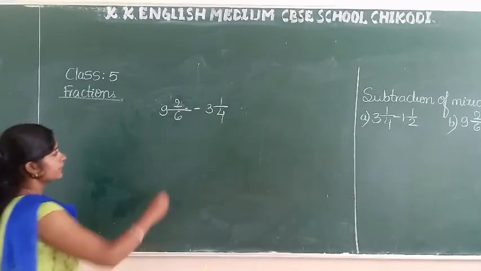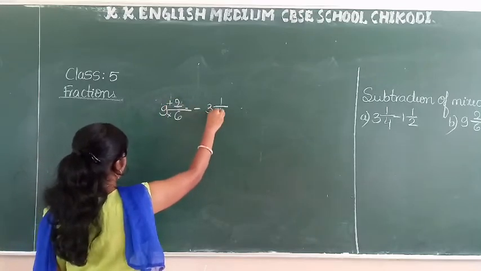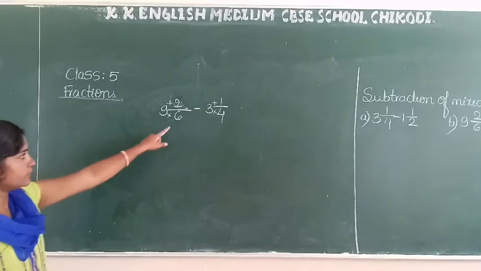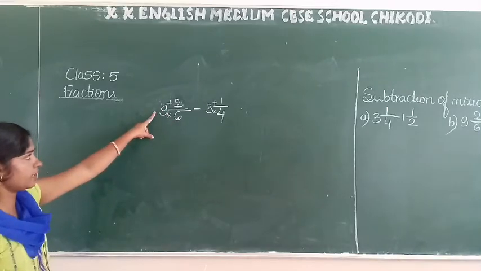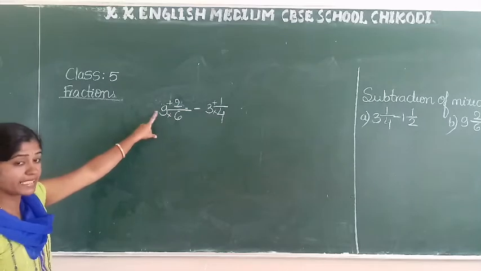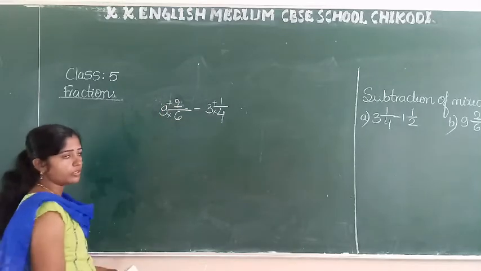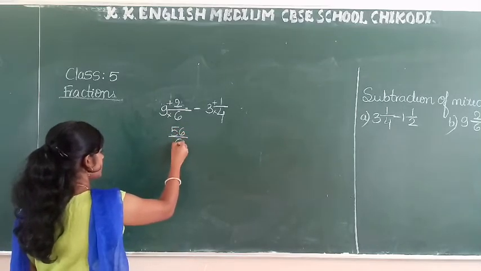First step, you have to multiply and add. 6 nines are 54. 54 plus 2 is 56, so 56 by 6.